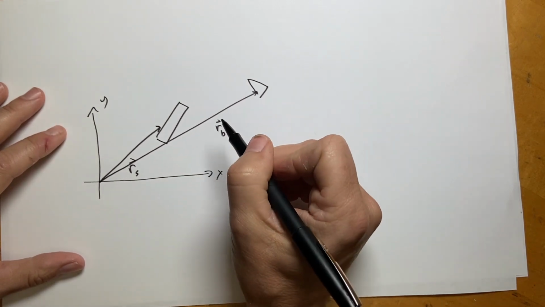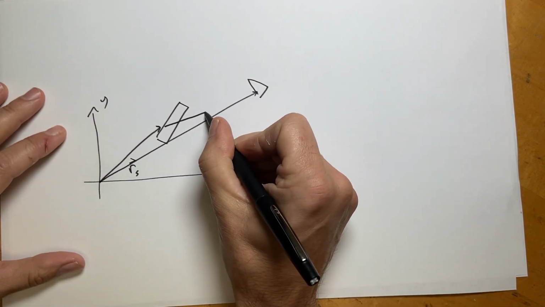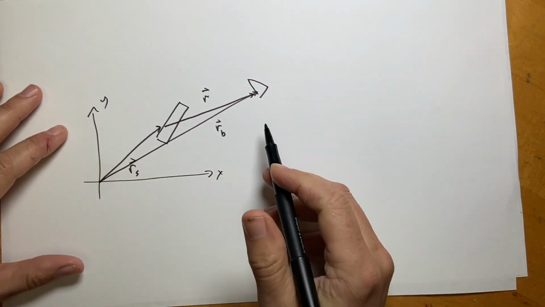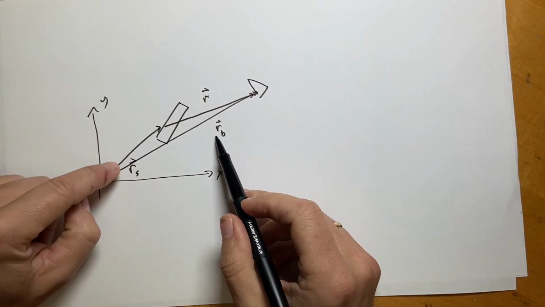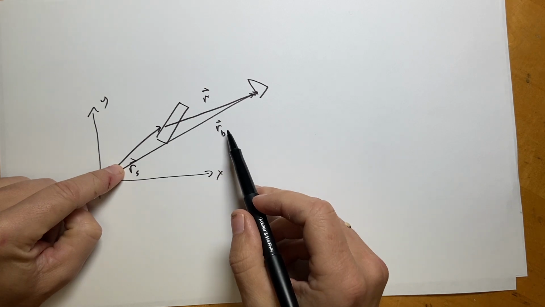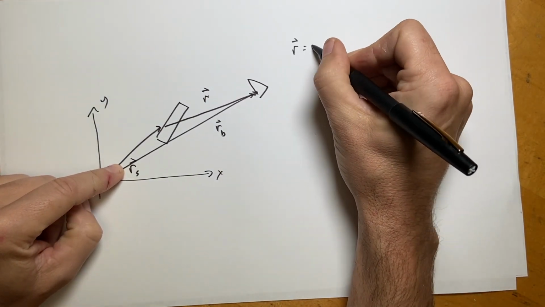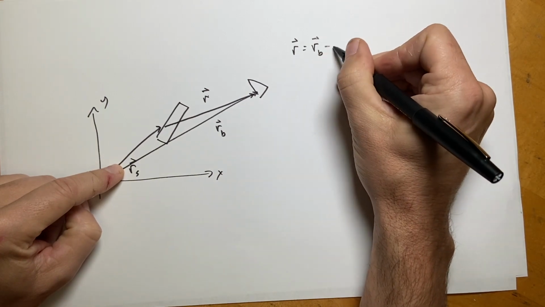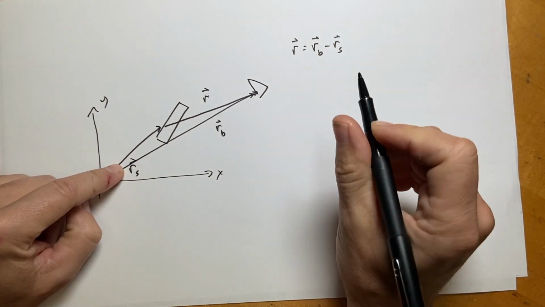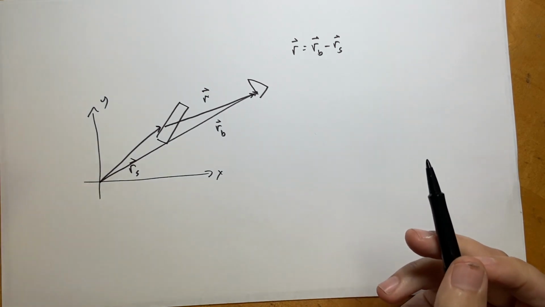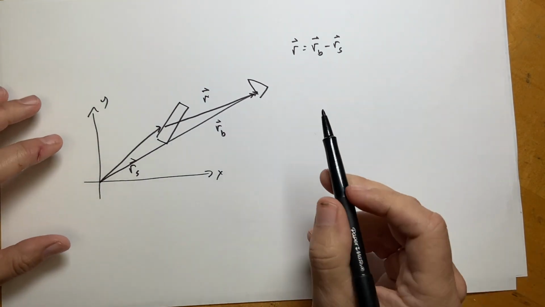If I want to find this vector from R sub to R boat, I'm going to call that R. That's going to be the difference between these two vectors. R is going to be equal to R boat minus R sub. And if you think about this in terms of vector addition, it might make a little bit more sense.